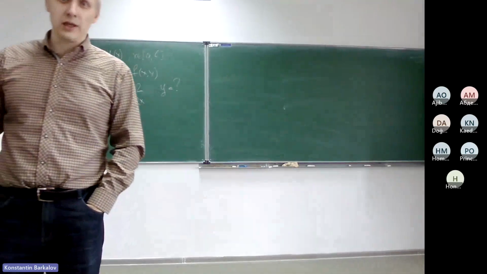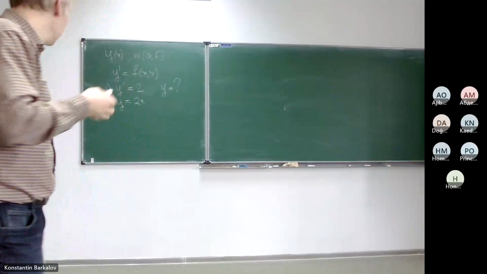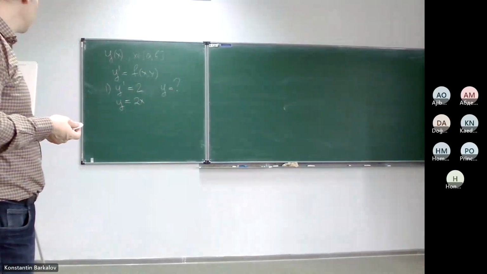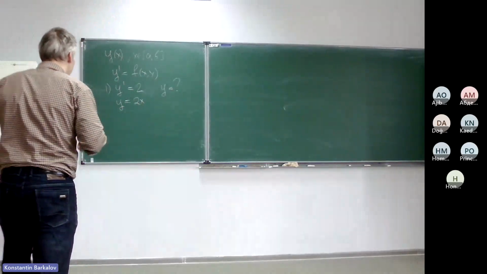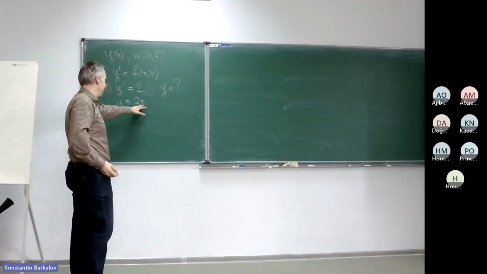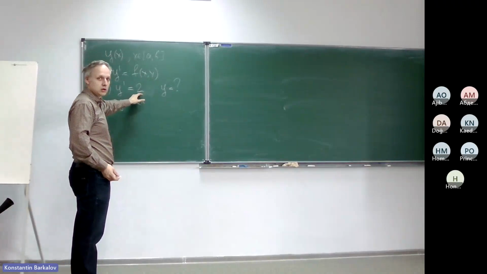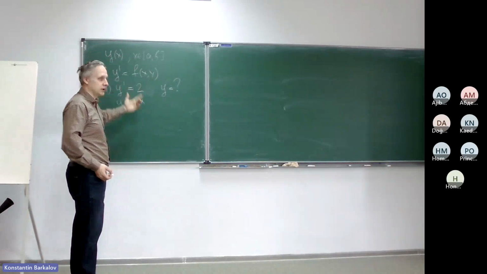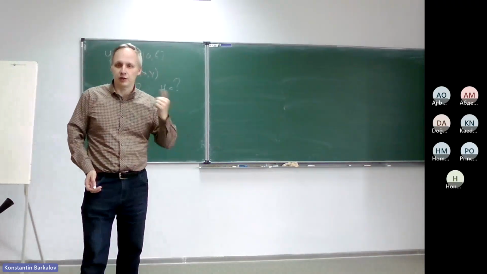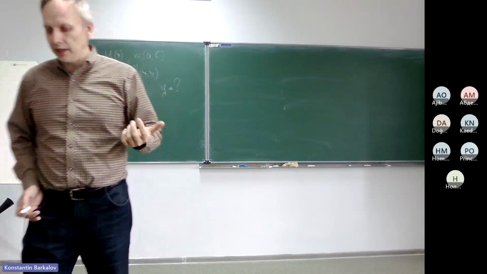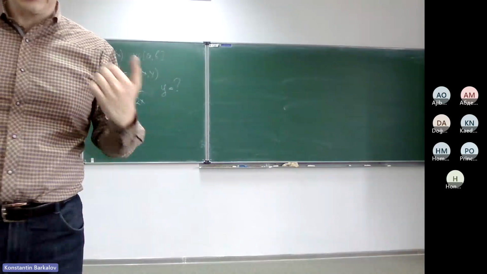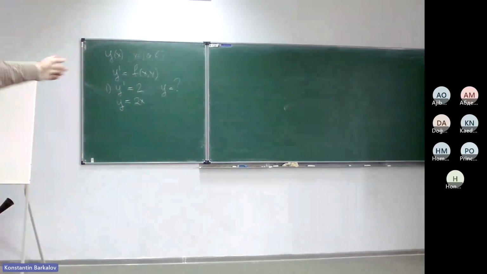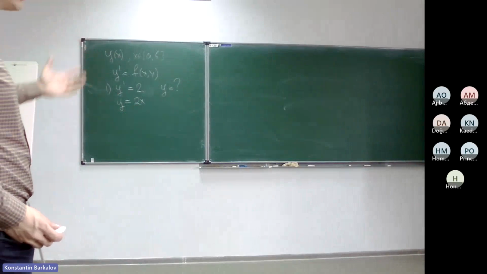If you compute the derivative of the function y, what is the derivative of 2x? It is 2. So we find that y prime equals 2. So the function y equals 2x is the solution to the equation y prime equals 2.